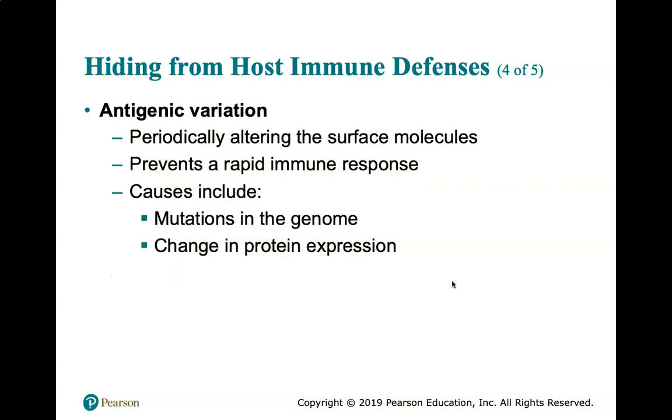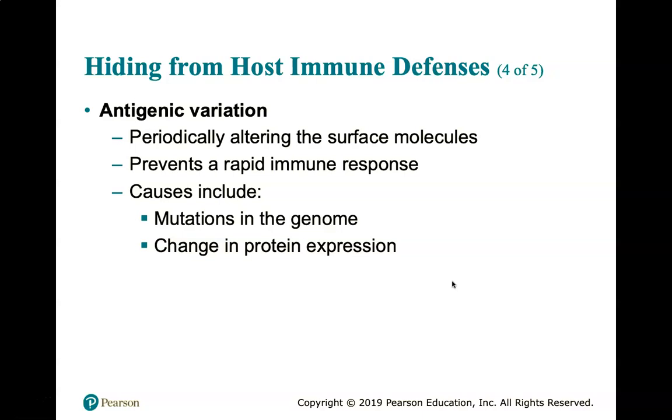Lastly is antigenic variation. This is a really interesting one. Because what happens is these surface molecules that are sticking off the cell walls or the cell membranes can actually change, which is quite impressive. The flu virus actually has what we call antigenic variation. It has these spikes that stick off of it, and it can change from one version of the spike to a different version.